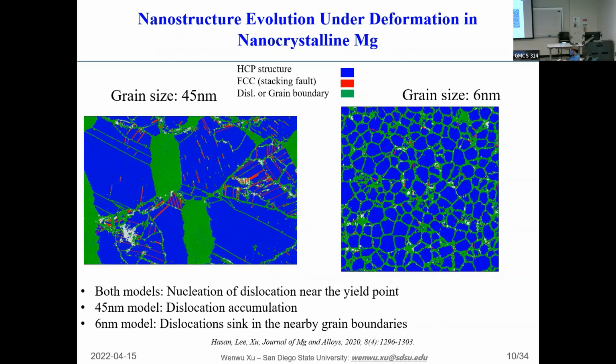Depending on the distribution of those Voronoi centers, the grain boundary will be located at the middle of any two Voronoi center points.